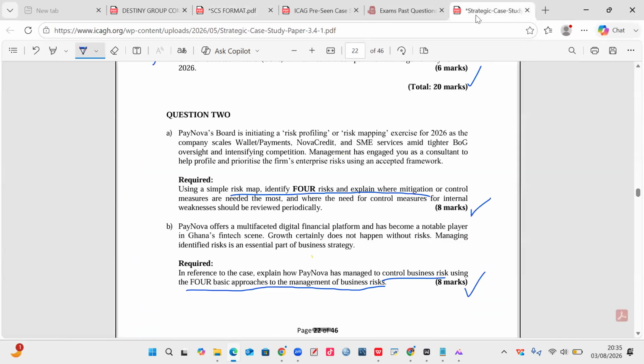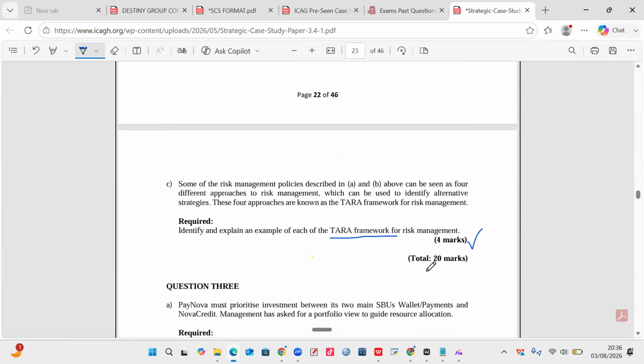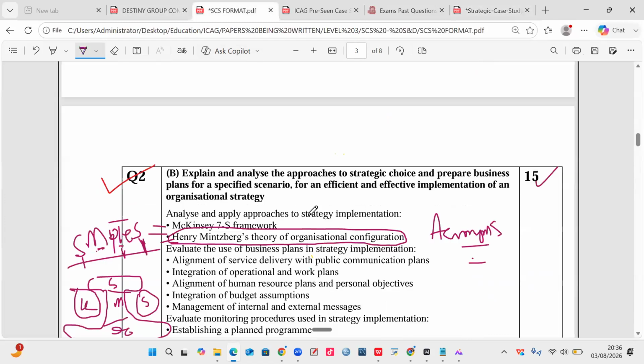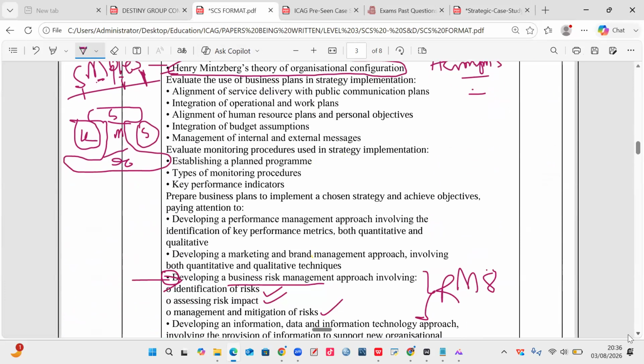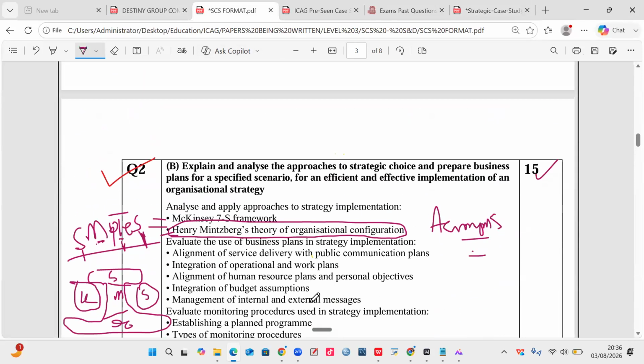So for question 2, the 8 plus 4 give us 20, which will definitely come from question 2. They will never ask anything that is outside the areas they've given. Never. As far as I've written ICE, I attend the lectures. In October, the month before the month of exams, I concentrate on the formats.